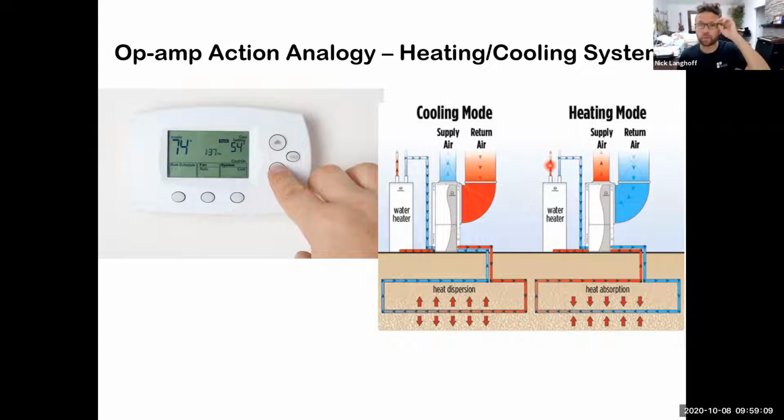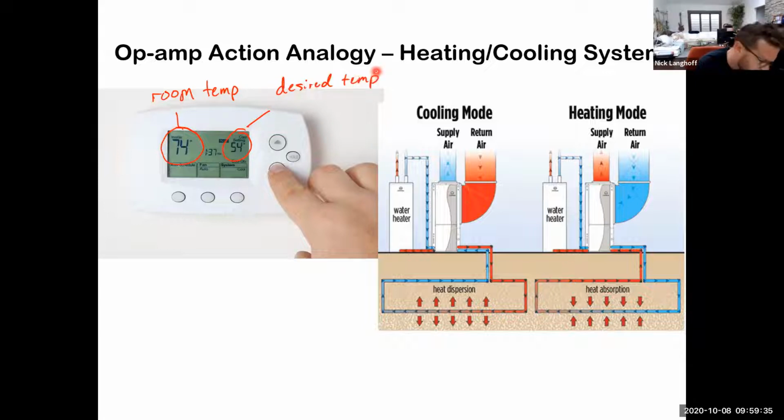The same thing works with a temperature controller in a room. If you have a thermostat on a wall, let's say here is the actual room temperature, and then this point here is what we can call the desired temperature, or sometimes referred to more generally as the set point.